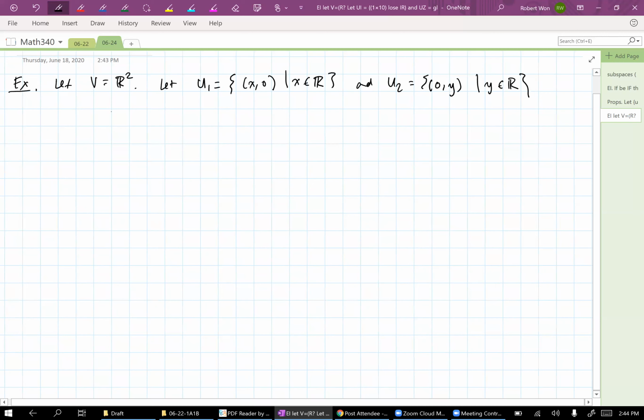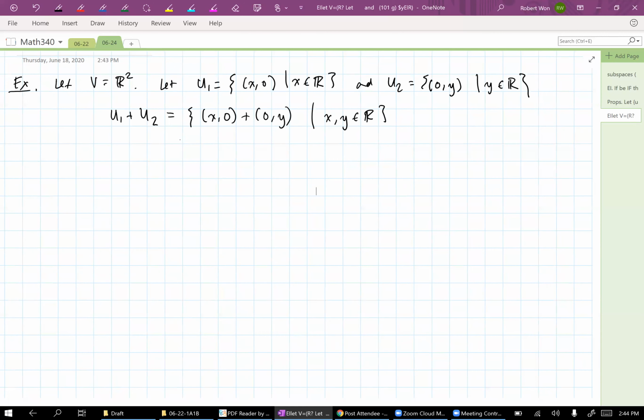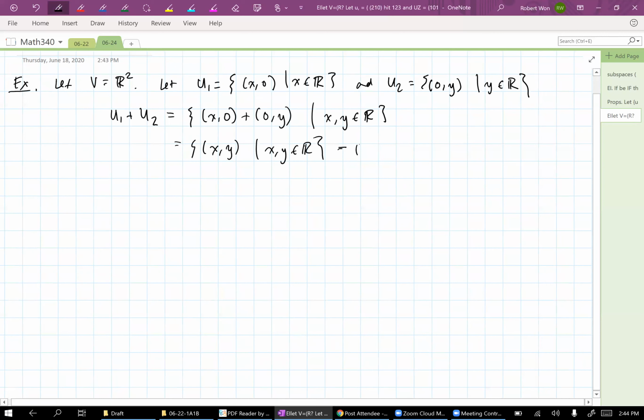What is the sum here? Well, U1 plus U2, what is that? That's the set of all vectors in R2 that can be written as something in U1 plus something in U2. Every vector in U1 can be written as (x, 0). Every vector in U2 can be written as (0, y). So it's a set of all possible sums like this, right? But this is just the set of all (x, y), such that x and y are real numbers. And this thing actually is all of R2. Right, so this is a subspace.